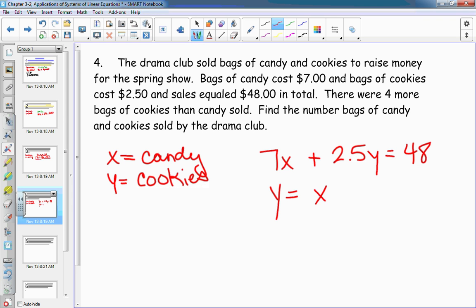X and 4 more. Plus 4. Do you see the difference? I heard somebody say 4x. That's 4 times as much, not 4 more. Do we hear the difference? Which method would you use to solve this? Substitution, again, okay?